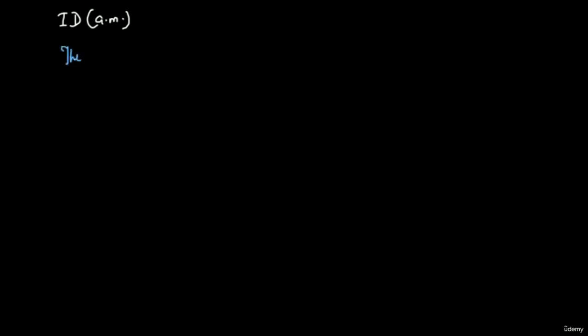The data is stored in a memory location actually. Let me write it in a good way. Memory location. Now it seems pretty clear writing, right? At least to me it is. And the memory location.